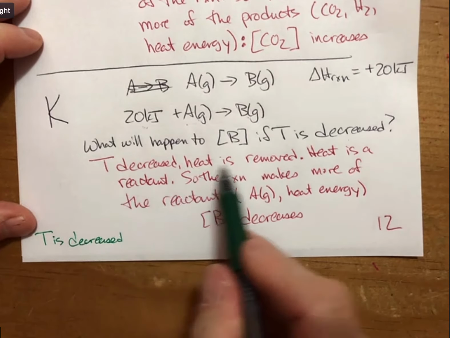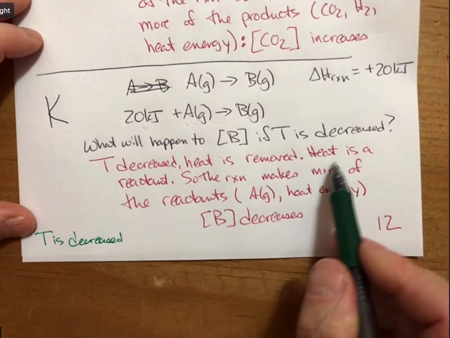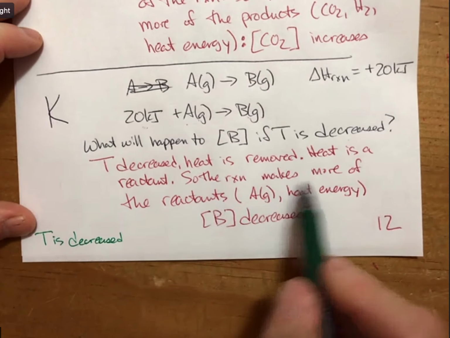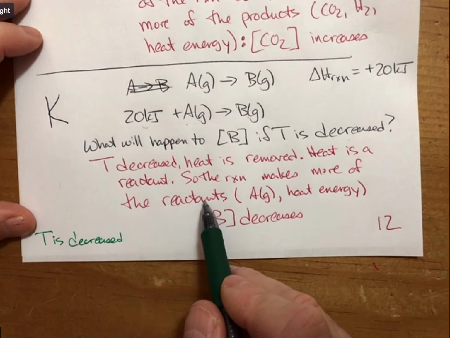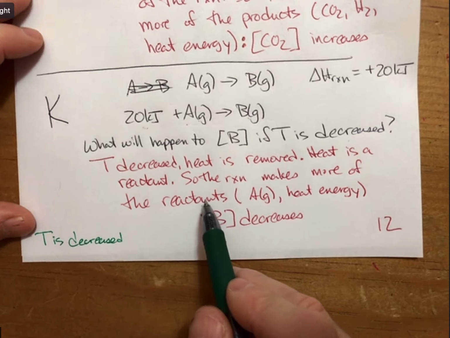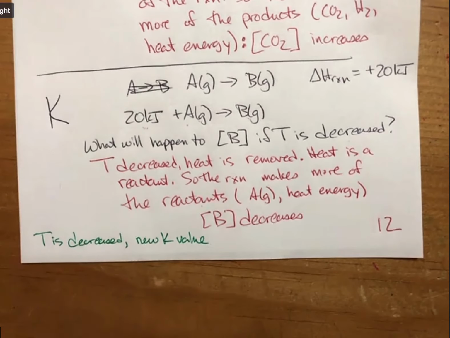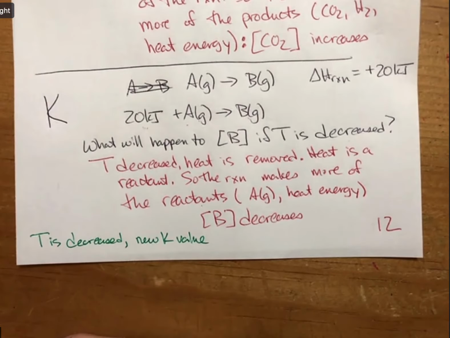We said heat is removed, so the reaction makes more of the reactants. If at the new equilibrium there are more reactants, what can we say about the new K value? If there are more reactants.